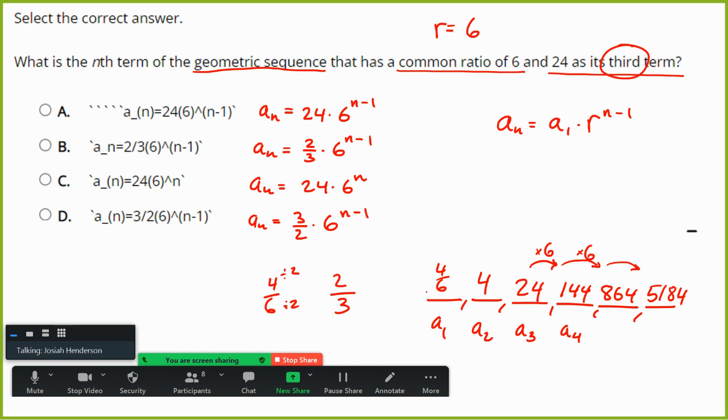So what we found is that a1 is 2/3. And therefore, the formula would be 2/3, common ratio 6, to the n minus 1 power, boom. Option B.